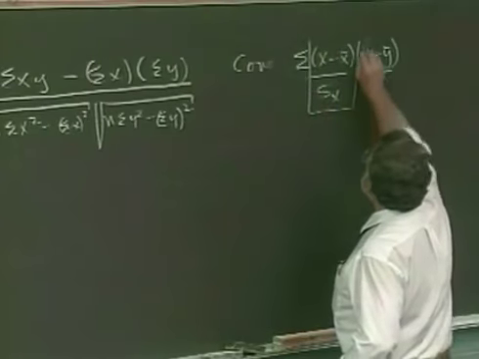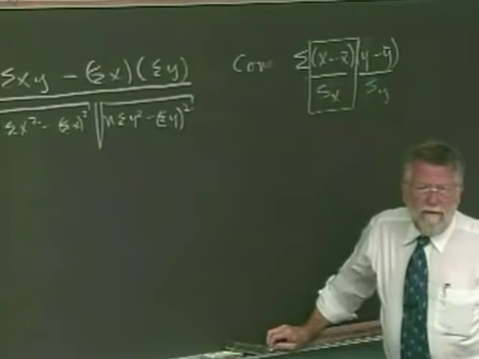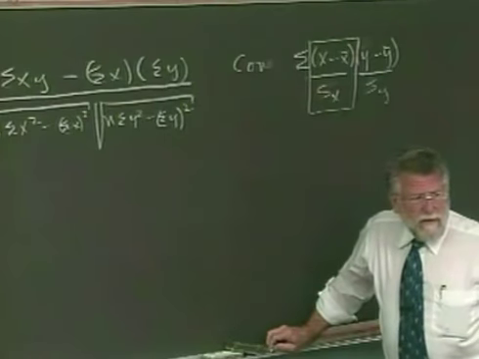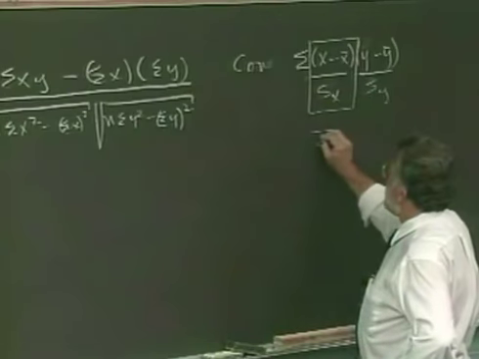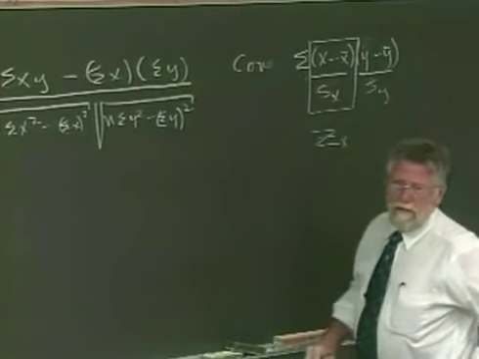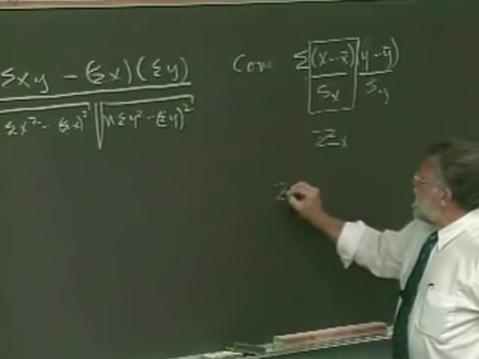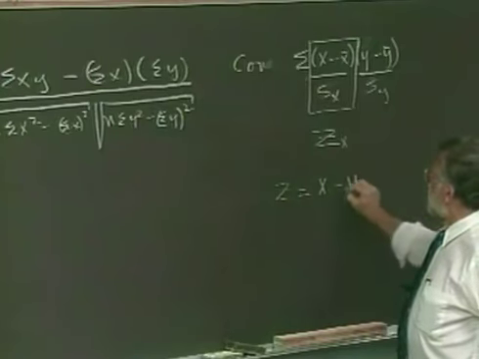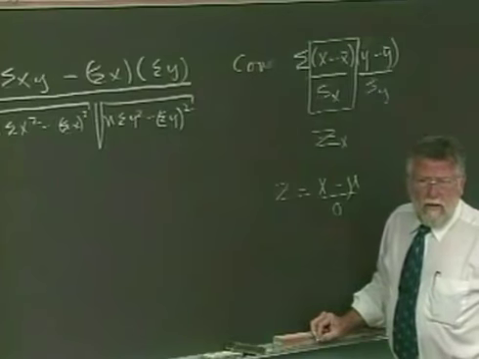Do you recognize this? No? Yes? No? We have said that z is equal to x minus mu over sigma if we know mu and sigma.